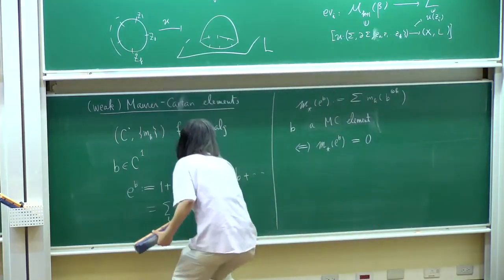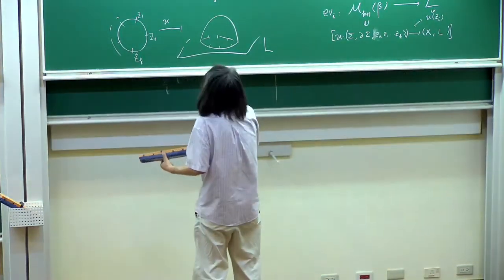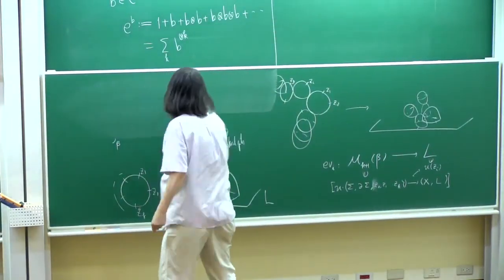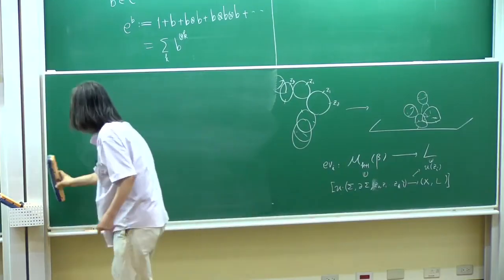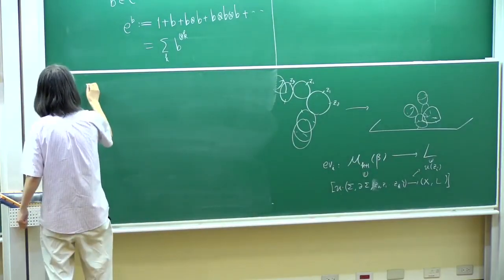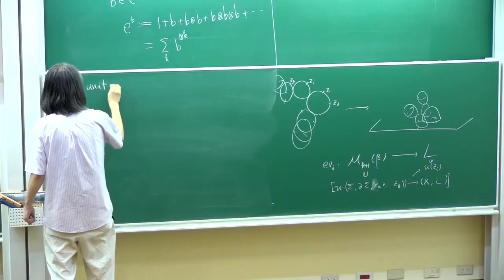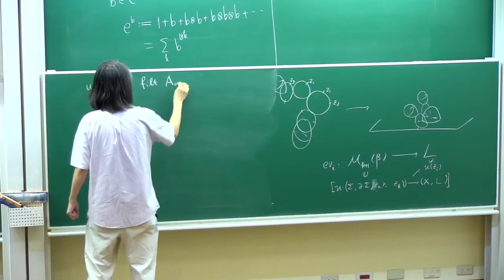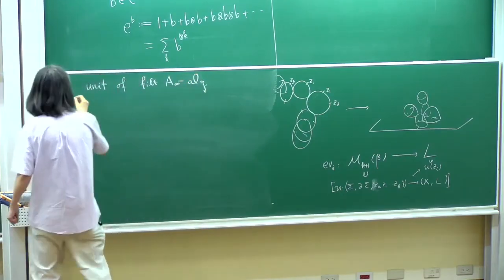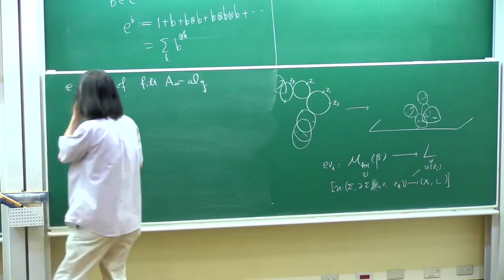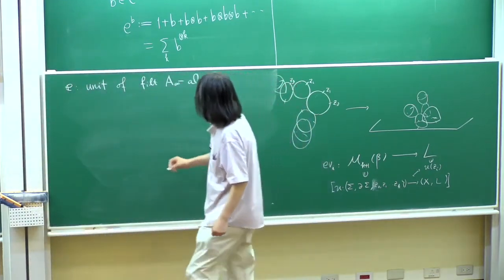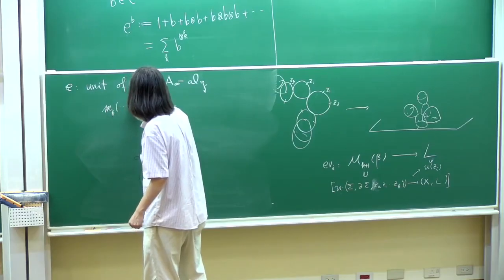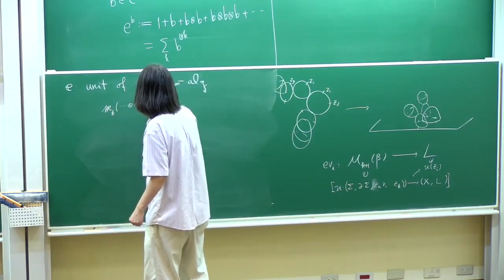And there is a notion of unit of filtered infinity algebra. So we denote it by E. This one is the following: M_k with something and E here and something.